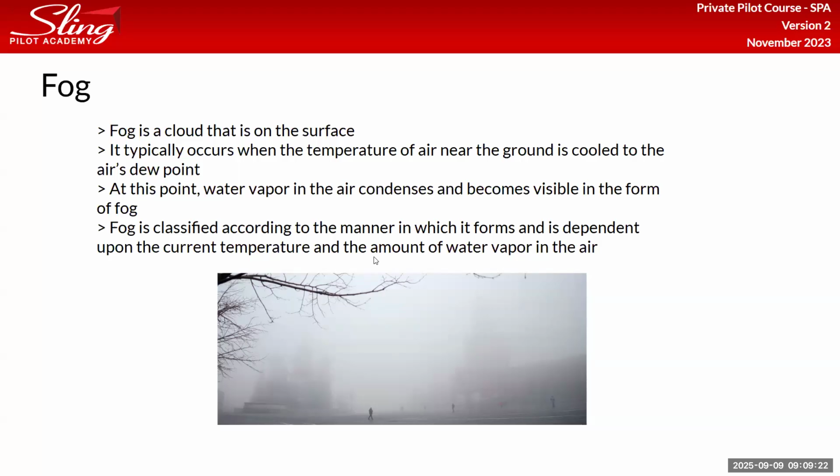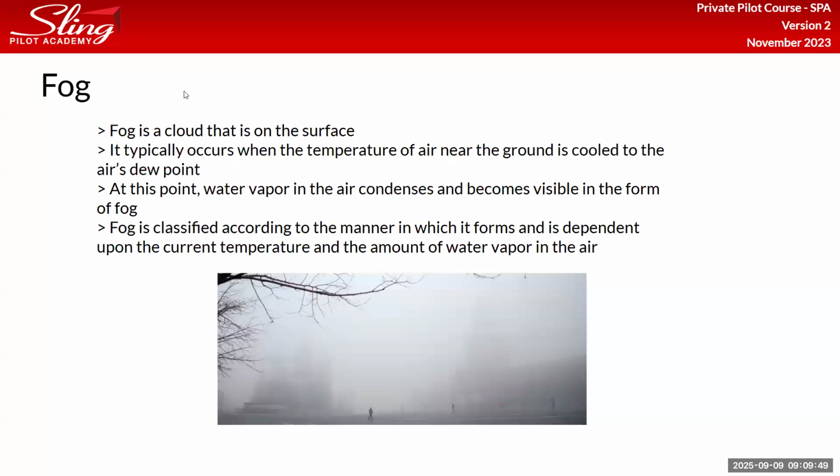So we categorize fog based on how it forms and how the temperature and amount of water vapor in the air causes the formation. So we're going to go through the types of fog today that you need to know. There are 4 main ones that you'll be asked about: how they form, what the conditions for formation are, etc.